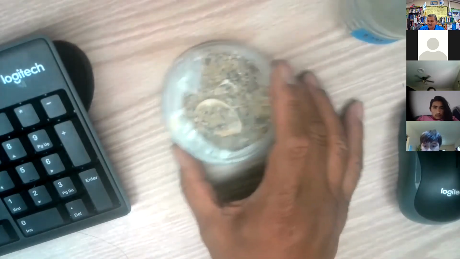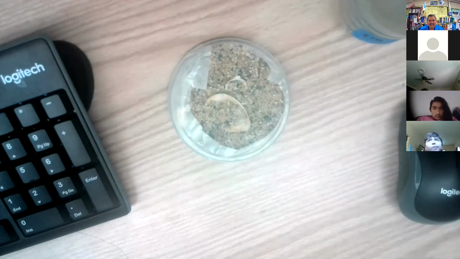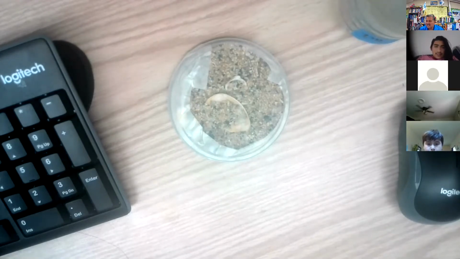It's a petri dish full of sand from Newport Beach. Oh, someone's voting. I thought you were going to vote. Is this a compound? It's probably a mixture. Know what you said, Nathan? I think it's a mixture. That's what I would think.